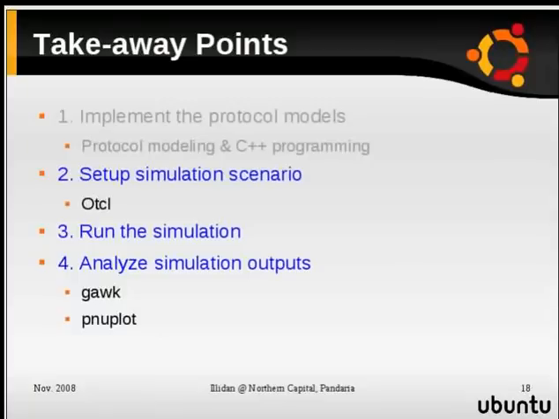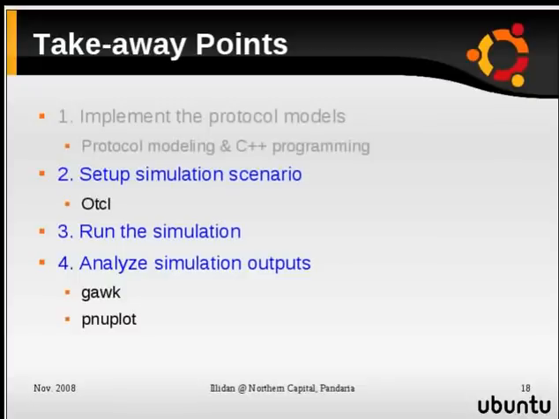Okay, until here we have finished phase 4 of the whole process. Then a short summary. In this tutorial, we summarize the general workflow for NS2 simulation. There are four phases. Phase 1, implement protocol models. For this purpose, we'll have to do protocol modeling and C++ programming.